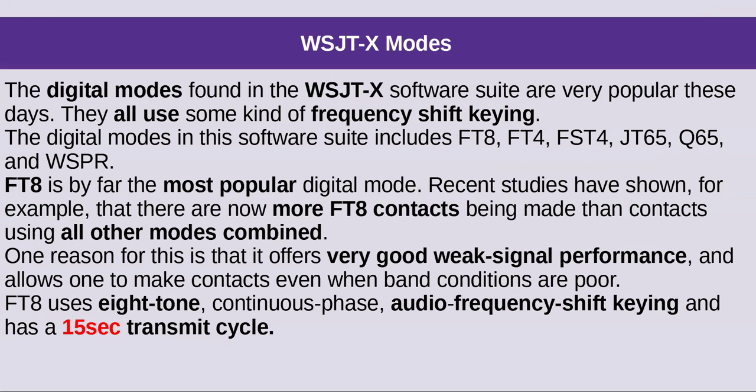Now, I agree FT8 is the most popular digital mode. I'm surprised there isn't that much FT4. Probably half the activity that you see on FT8 at the same time. It is a little faster because it's doing it in 7.5 seconds instead of 15 seconds for the transmit cycle.